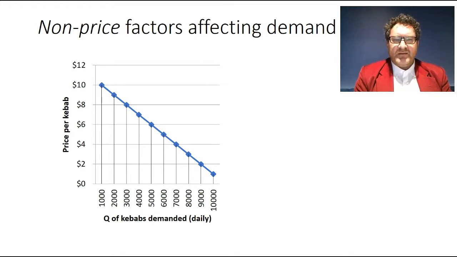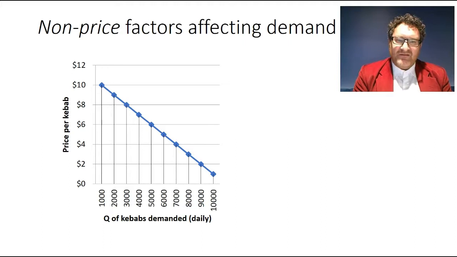What if the incomes, the nominal income, the cash people have in their pockets, changes? What if their expectations about the price of the product were to change? What if their tastes change? What if the prices of related products change? All of these factors can also affect the quantity demanded.